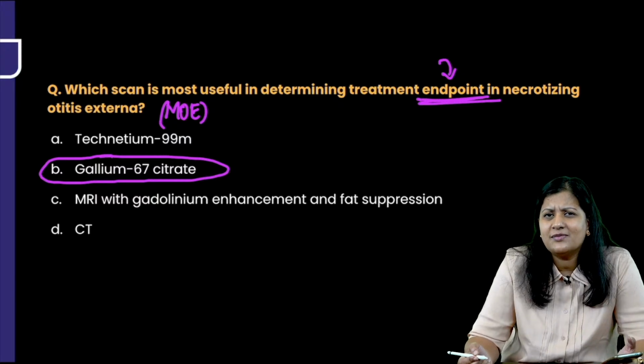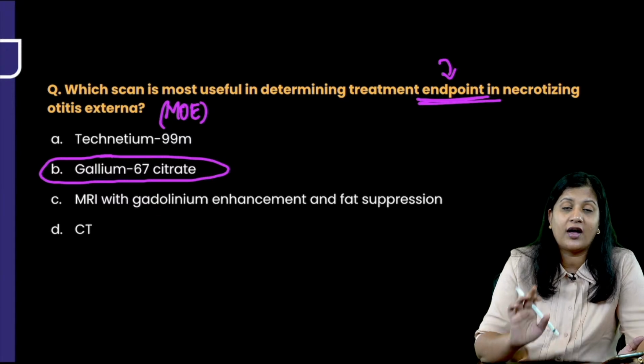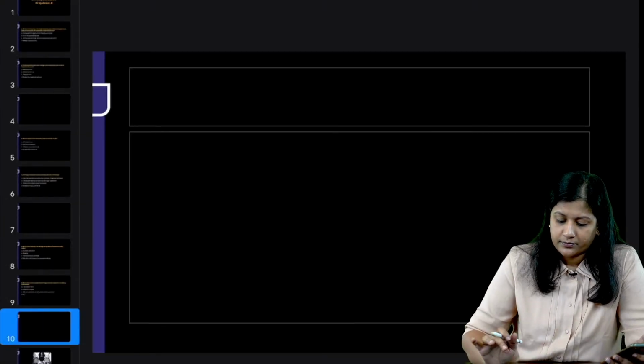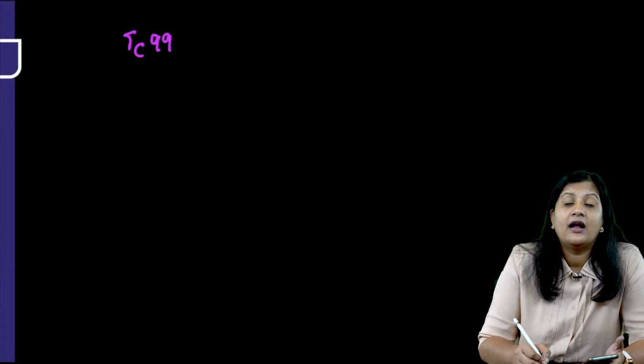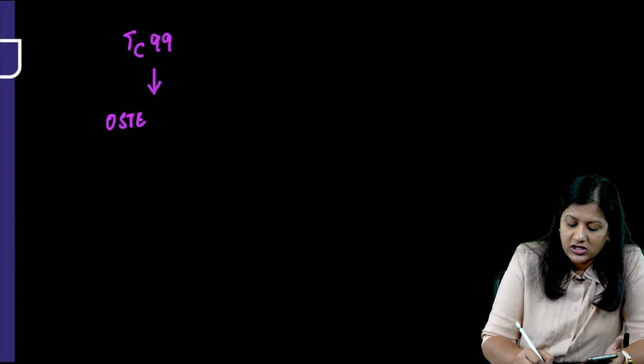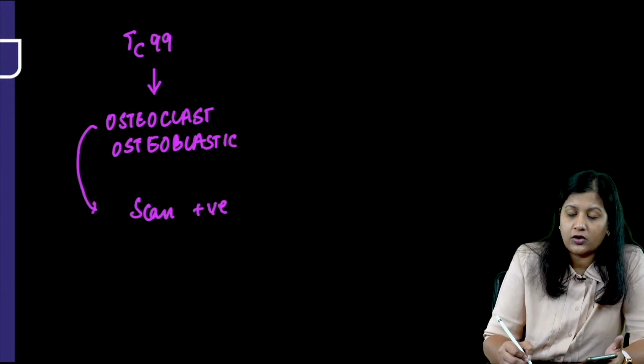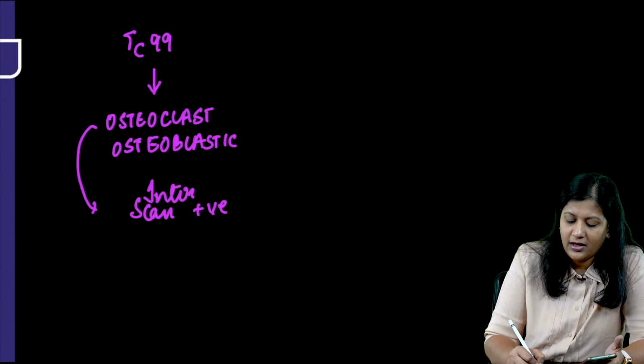Now why gallium 67? Why not technetium 99? A very quick explanation, because some of you have made a mistake in that. So I'll quickly explain to you about it. So when we talk about technetium 99 scan, technetium 99 is a radioisotope which is taken up by both osteoclast as well as osteoblast. So initially when there is an osteoclastic activity and bone resorption, the scan will be positive.